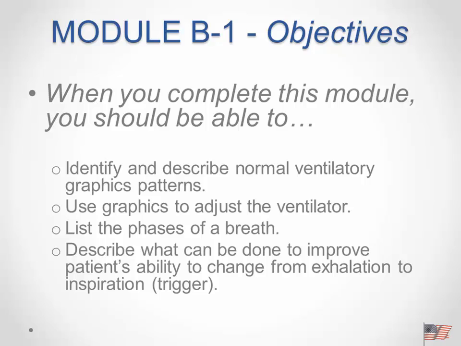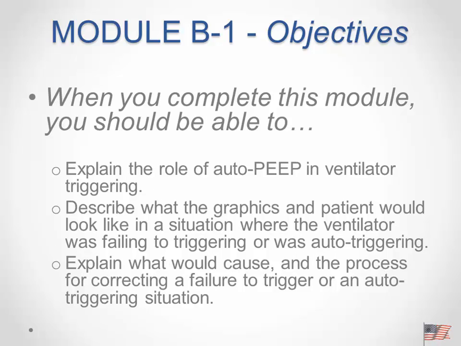All right, so we're going to talk about using graphical patterns to identify settings and make changes, and we're going to break the breath up into the 4 phases. I think Lori covered some of this. We're going to start off with the first transition from exhalation to inspiration, talk about auto PEEP and how we identify it.